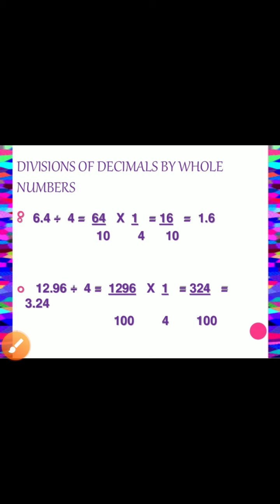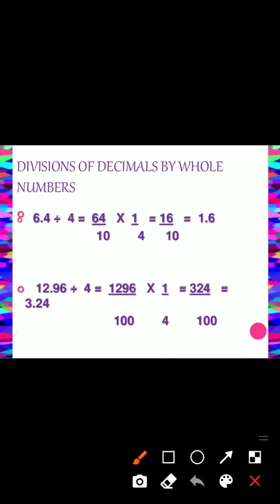Next, division of a decimal by a whole number. For division, you need to convert the numbers. For example, 6.4 is mentioned here. After the decimal, how many digits? 1 digit.